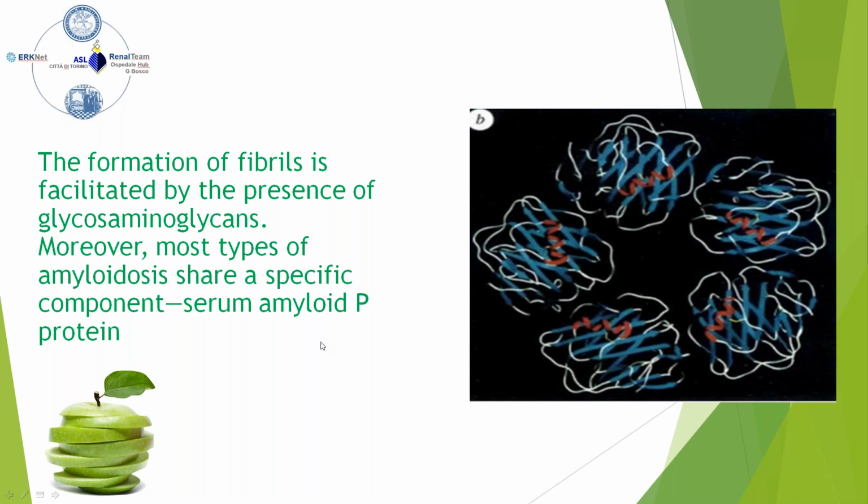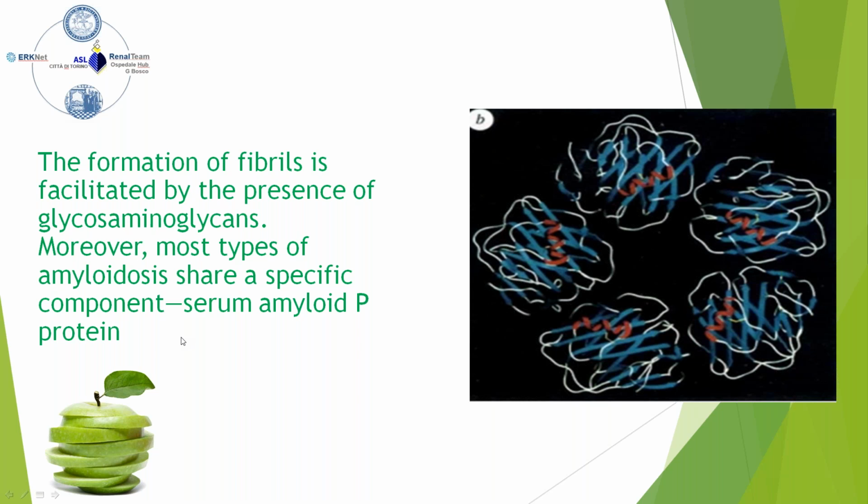And it's interesting that the different composition of glycosaminoglycans in the different tissues can partially explain why different amyloid precursors have the tendency to deposit in different organs and tissues.